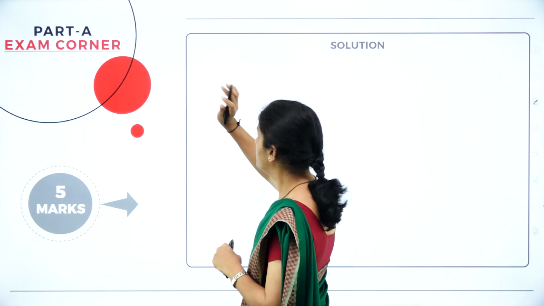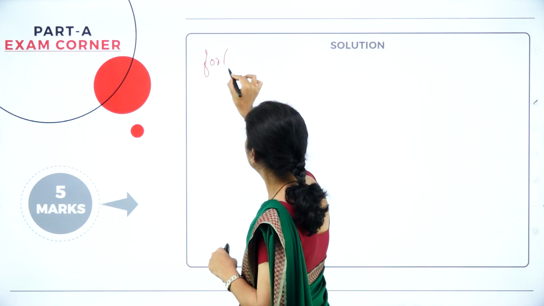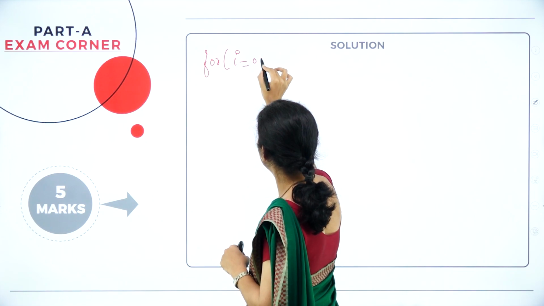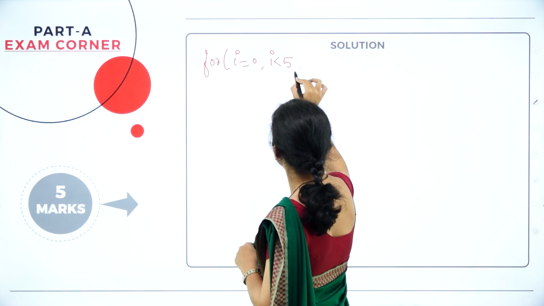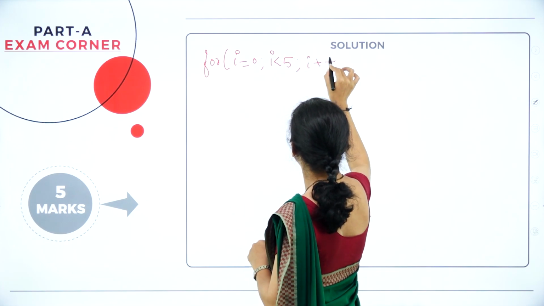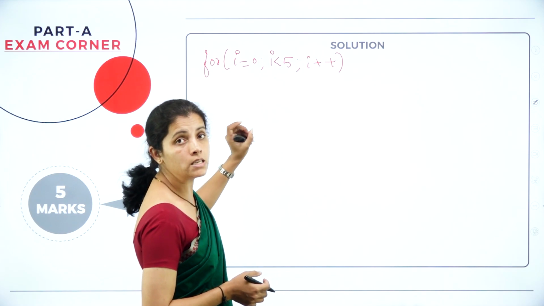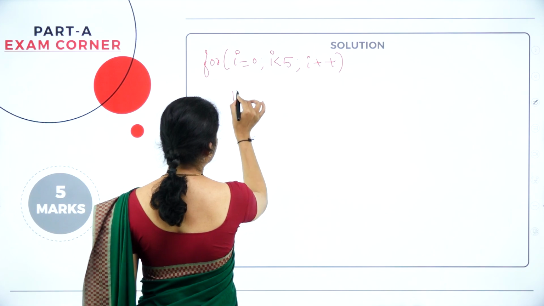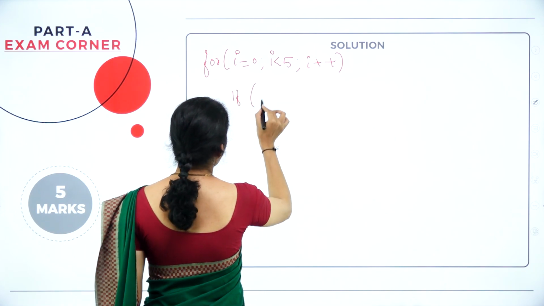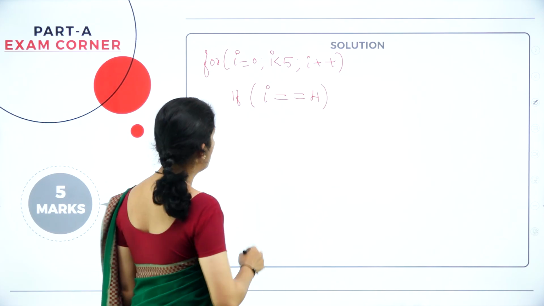See here, I'll write the example: for i equal to 0, semicolon, i less than 5, semicolon, i plus plus. This is the program used to find the sum of natural numbers. If i equal to 4, what's going to happen?